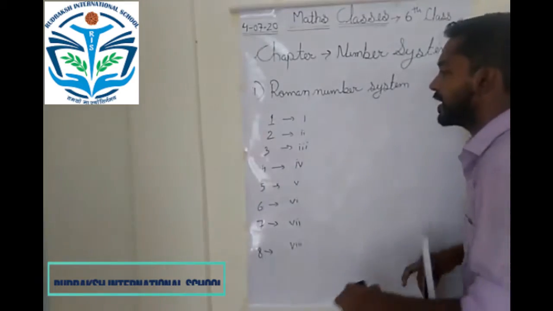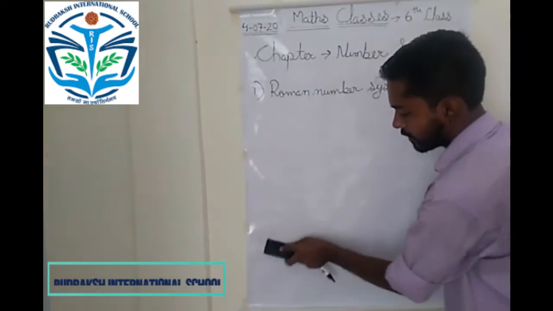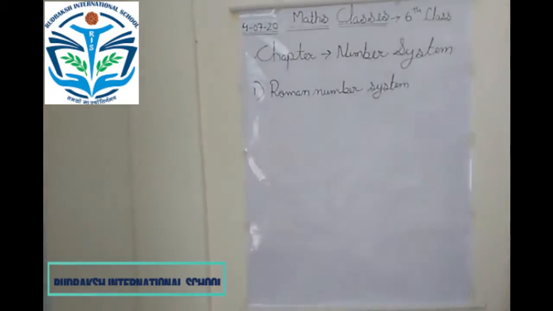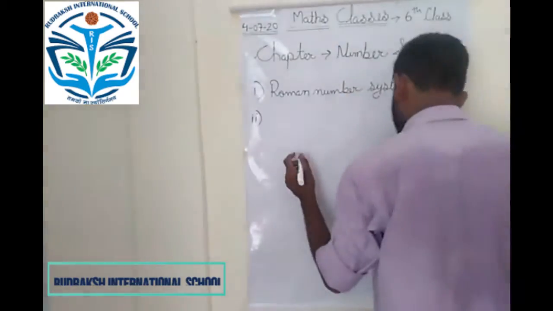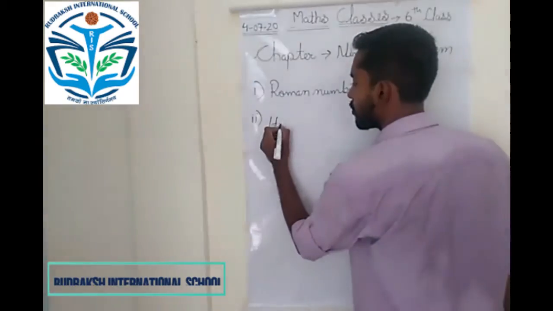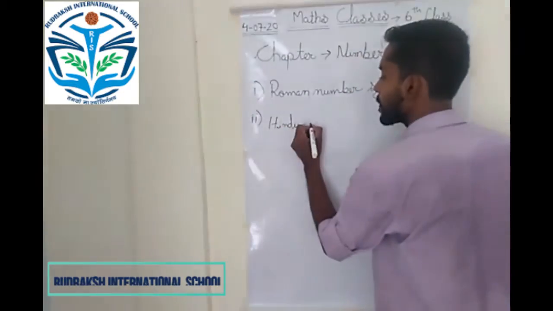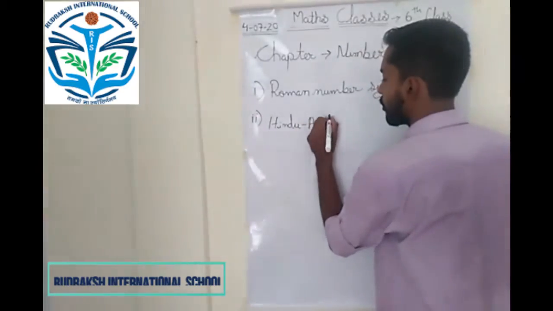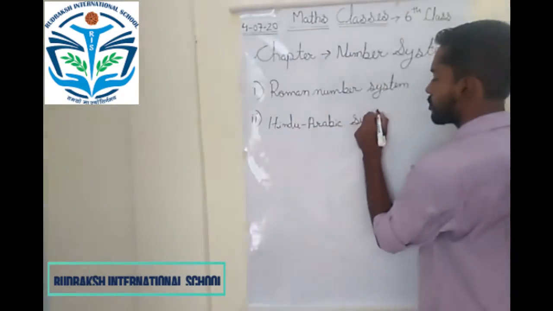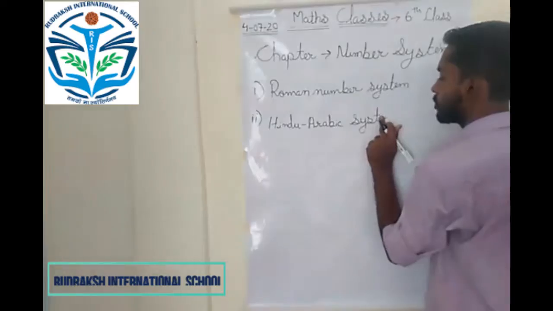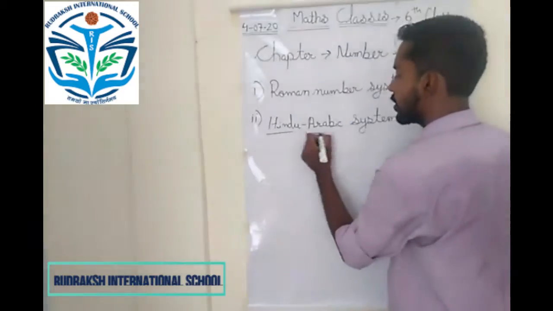But for the second form, this is the first, the Roman number form. The second is the Hindu-Arabic system.